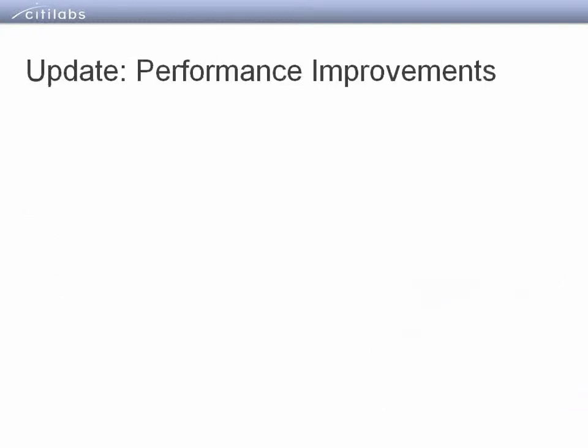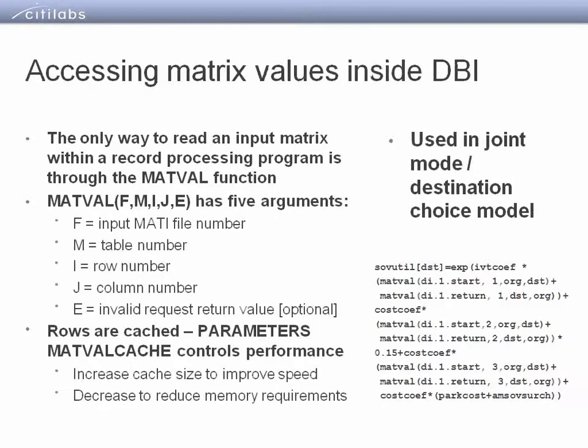Yeah, I would say in general, with activity-based models, the more memory you can have, the better. Memory is fairly cheap, and the best is if you could just store all your matrices right in core all the time.